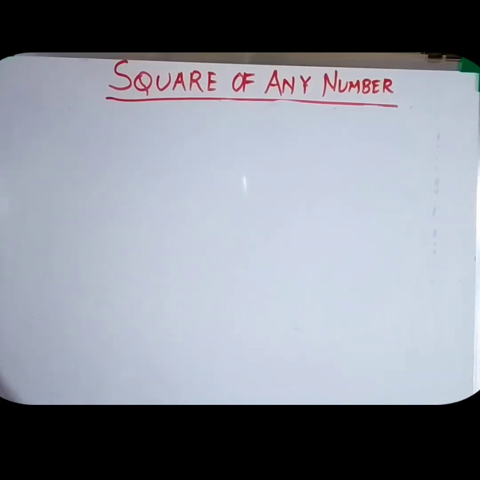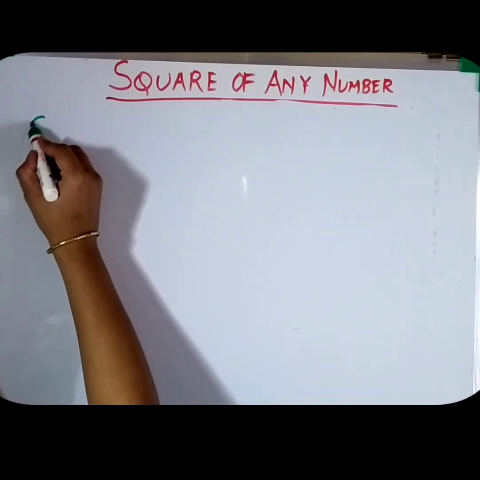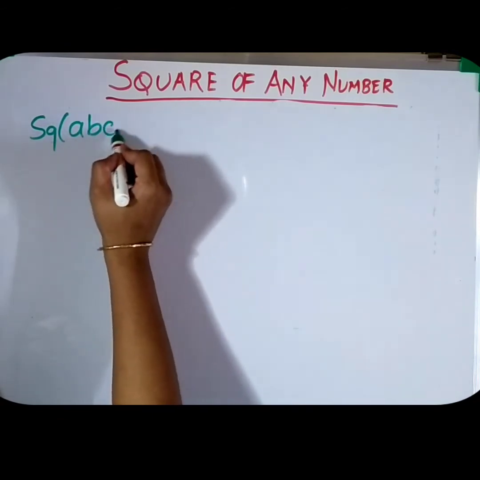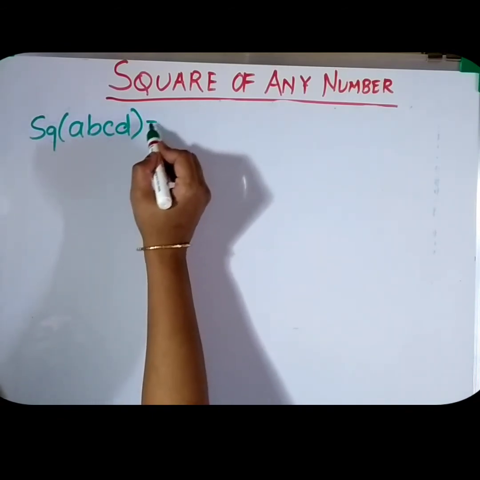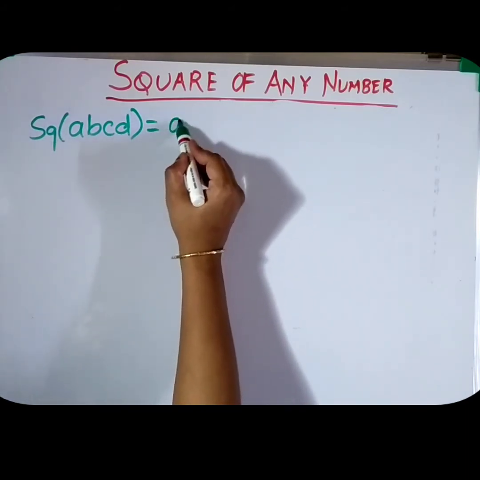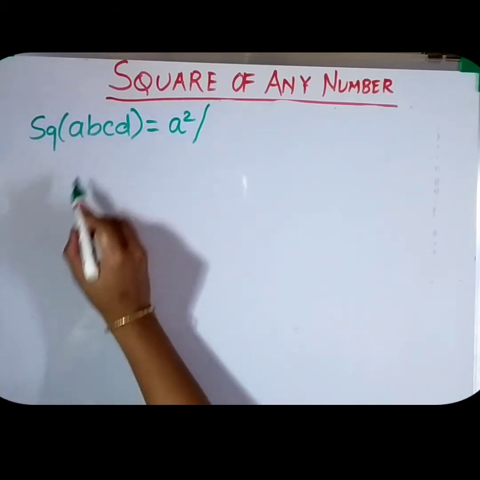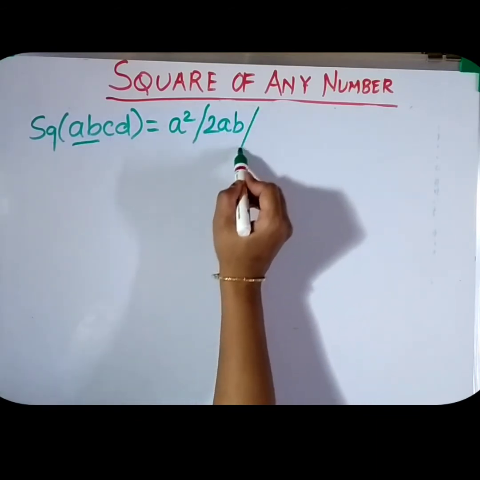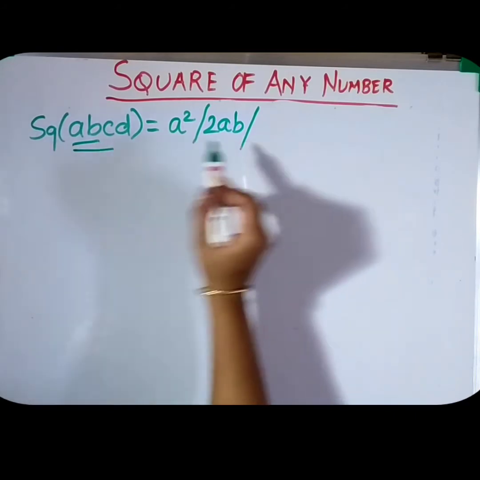Now similarly, if I have to find a square of a 4-digit number, so for the square of a 4-digit number I write SQ A B C D. So what will be the formula? See, duplex of first digit A square, duplex of next 2 digits 2AB, duplex of 3 digits.